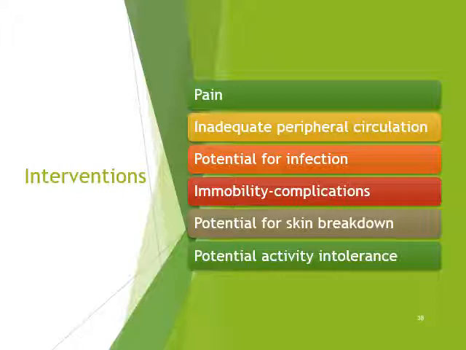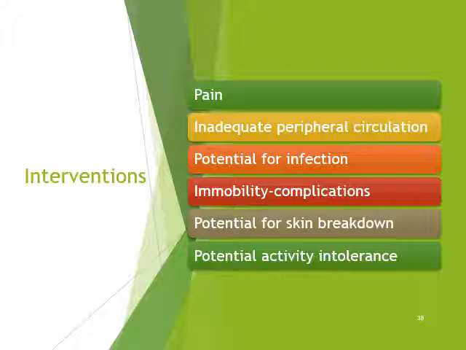We want to get gait training, and get them up as soon as possible. Prevent skin breakdown, because if they're just sitting in one place, that can cause breakdown, right, from not moving.